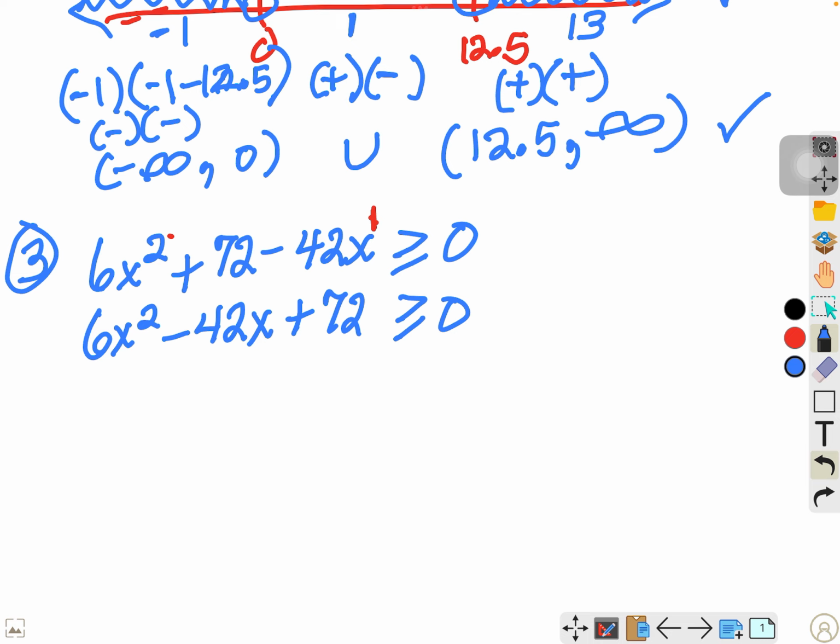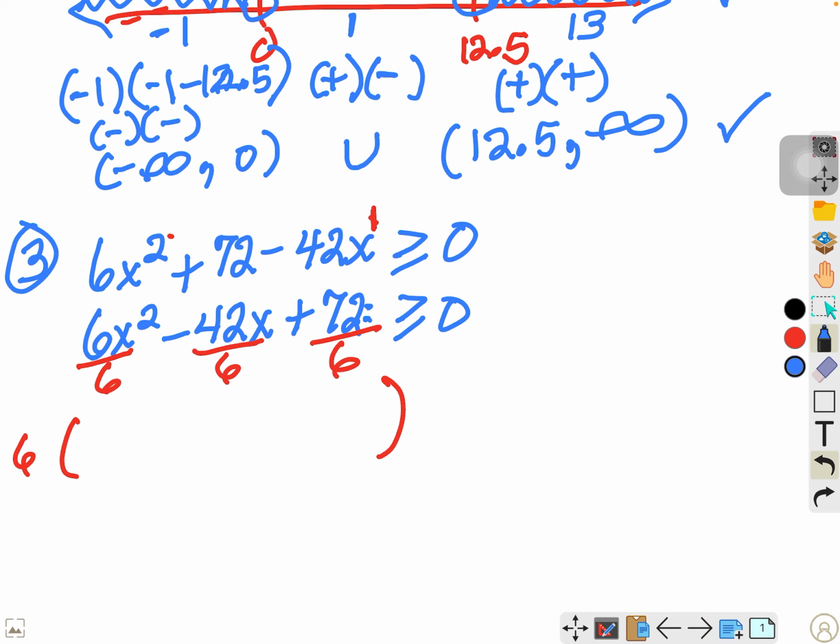Now, I notice that each one of the coefficients in every term is a multiple of 6. So I can factor out a 6 from each one of these terms. Factoring out is akin to dividing out. So basically, factor out a 6 from each one of these terms, and that's going to go out front.